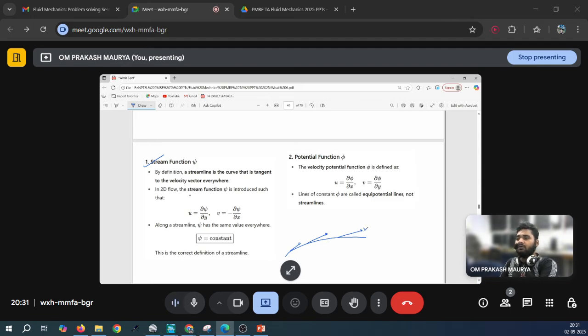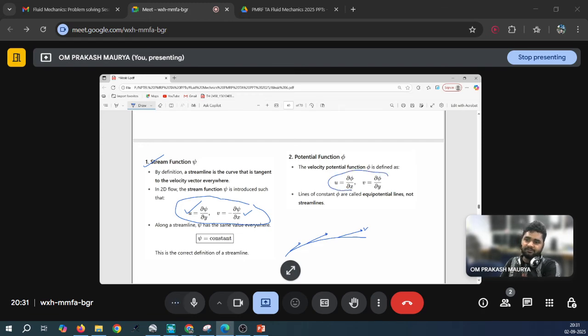In 2D flow, the stream function psi is introduced such that u is equal to del psi by del y, v is equal to minus del psi by del x. Remember please, this expression will be used in the coming questions.